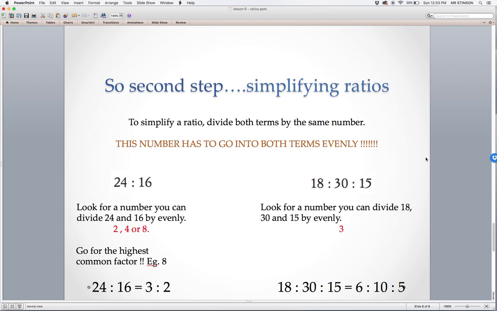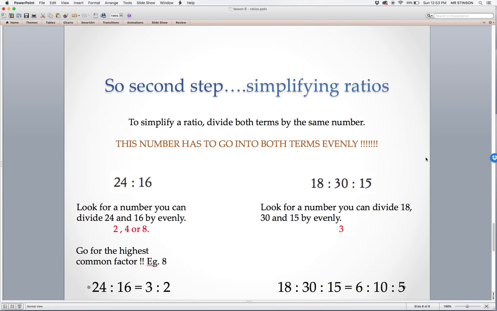I know that I can divide 24 and 16 by 2, by 4, or by 8. These three numbers will go into each term evenly. Ideally, you want to divide each term by the highest common factor.